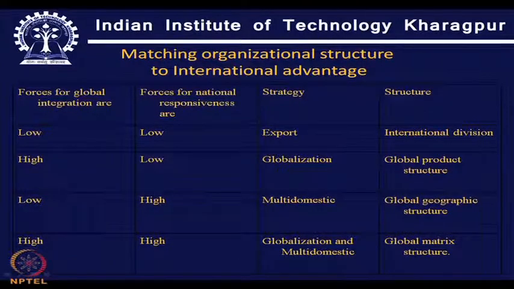So, when we are trying to match organizational structure to the international advantage, what we find is that if the forces for global integration are low, the forces for national responsiveness are low, and the strategy is to export, the structure is international division.